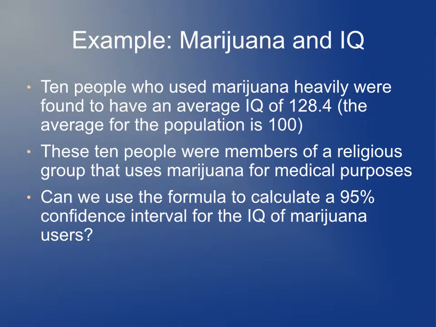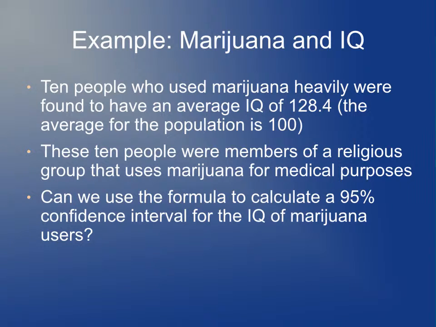This was an example in a textbook that I used when I put this class together. Apparently there was a study one time. They found people who used marijuana heavily for religious reasons had an IQ of about 128.4.